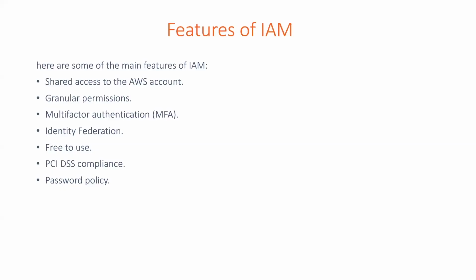A SAML-compliant IDP such as Active Directory Federation Service is used to federate the internal directory to IAM. In each case, federation works by returning a temporary token associated with the role to the IDP for the authenticated identity to use for calls to the AWS API.